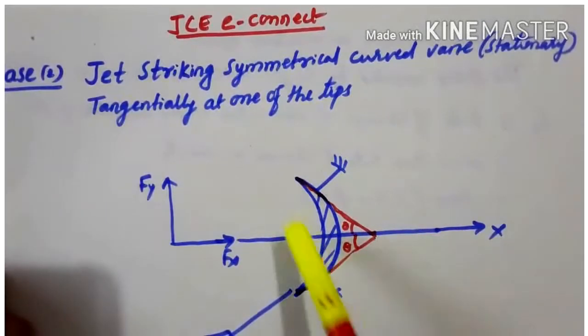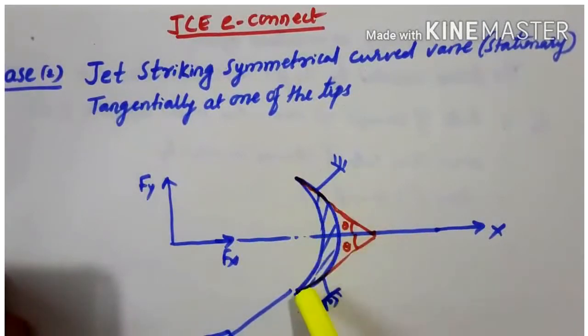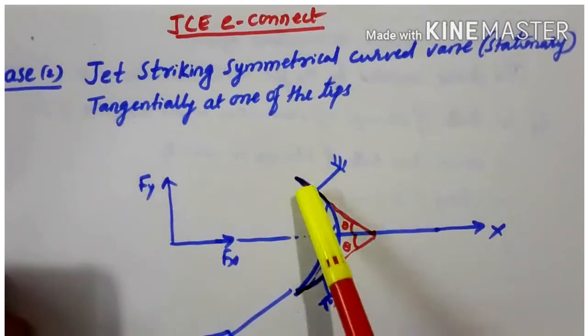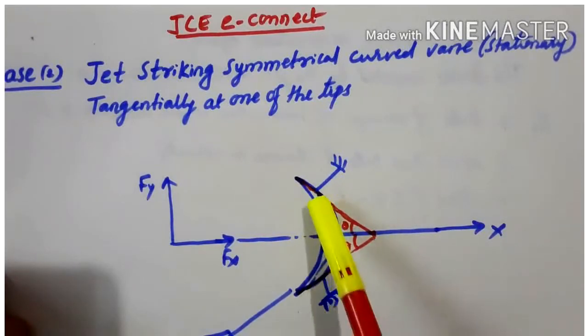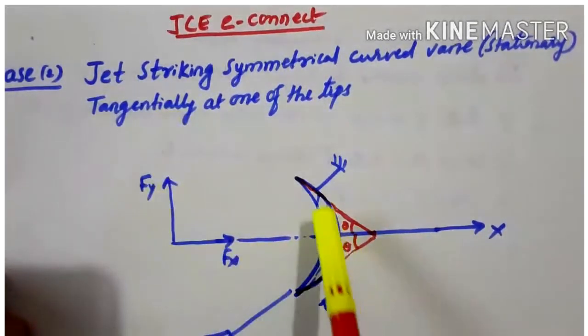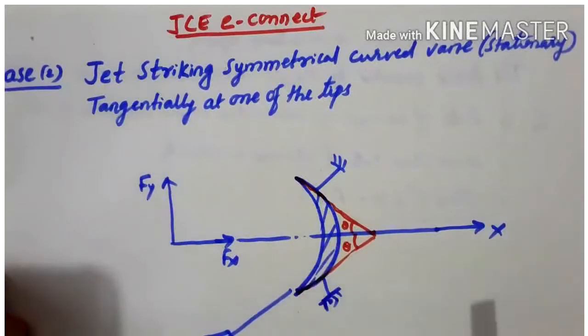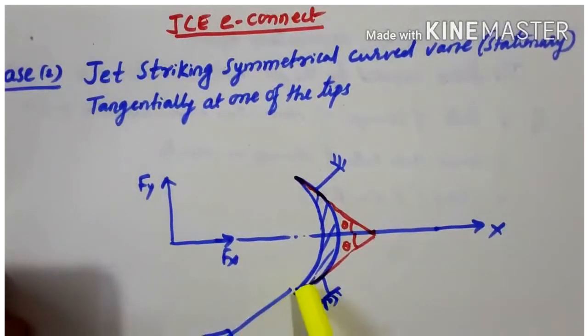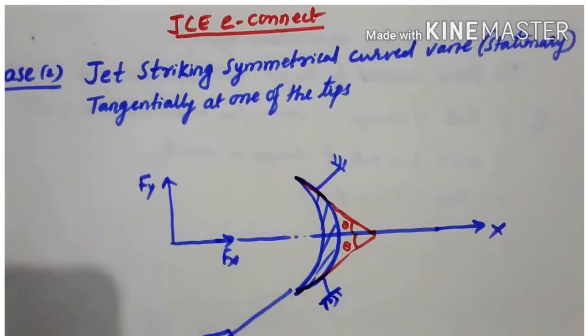In this case a curved vane is being considered, and that too stationary. This is fixed, and this curved vane is symmetrical about the x-axis. This is the x-axis and this is the y-axis. So this vane is fixed and symmetrical, and the jet is striking tangentially at one of the tips.